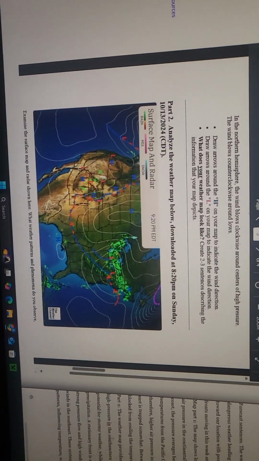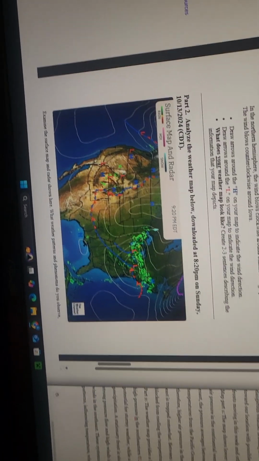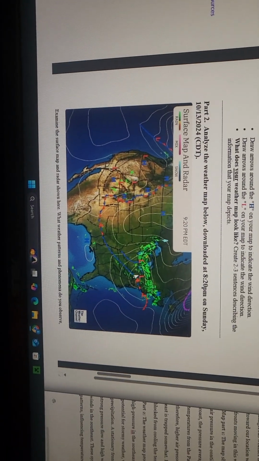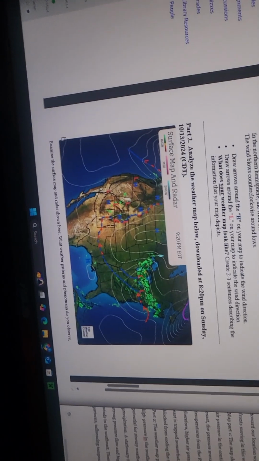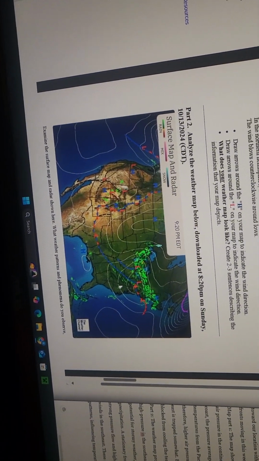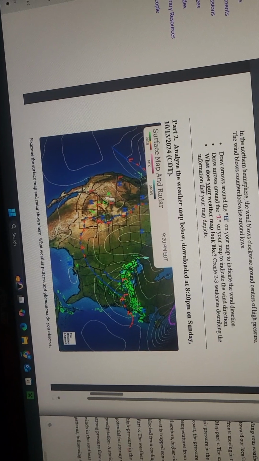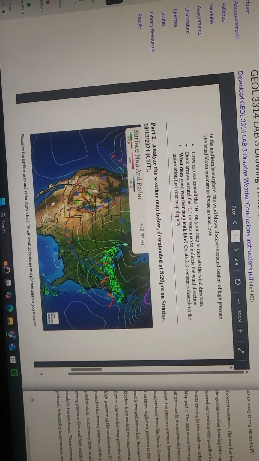Lastly, we're tasked with looking at this map and what it has. We can see the isobars, definitely different than the other map, but we can see where there are some low or high pocket areas.